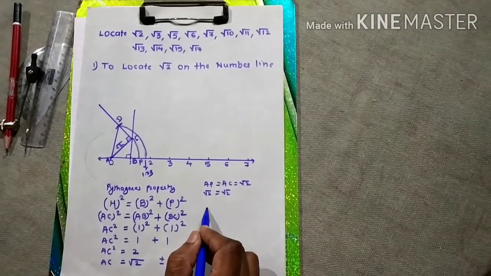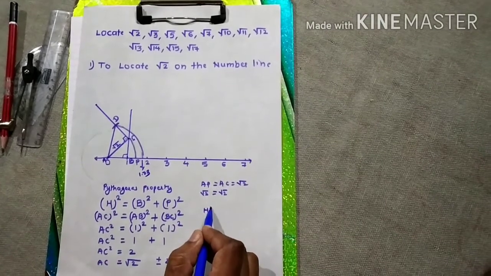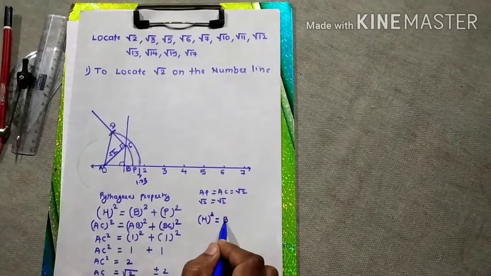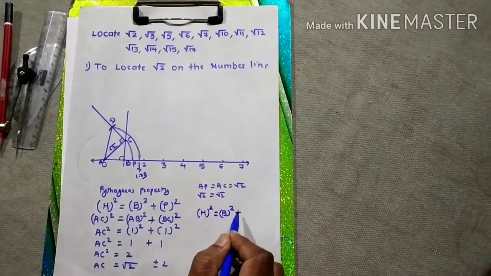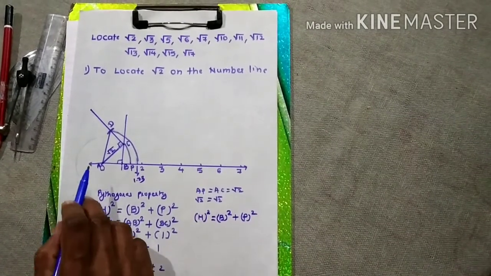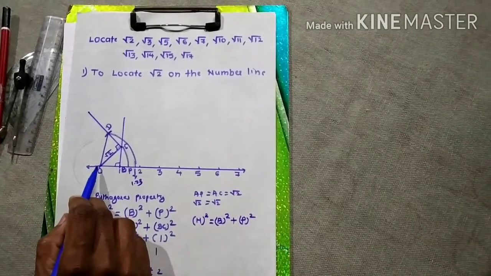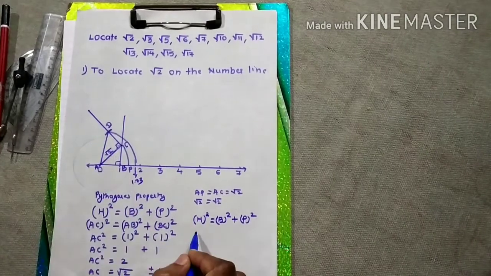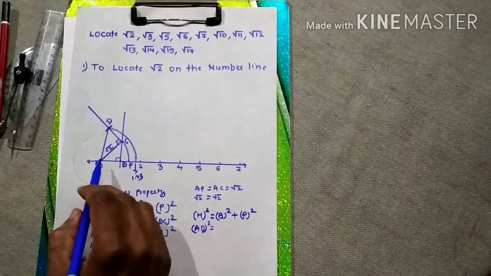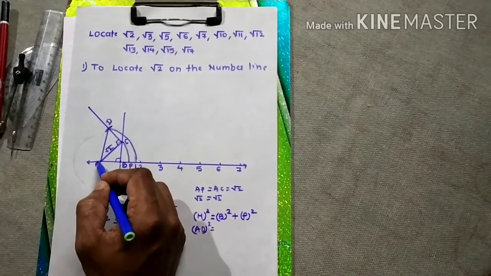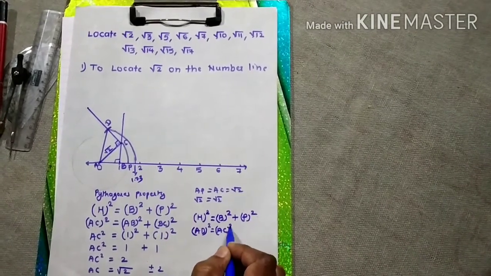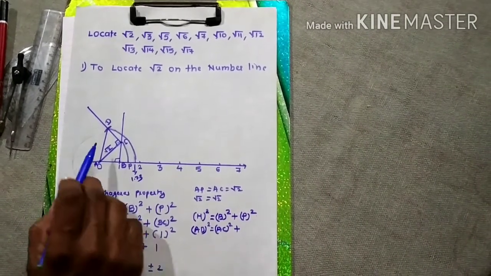By writing the Pythagoras property. So what is the Pythagoras property here? Hypotenuse square is equal to base square plus perpendicular square. So what is the hypotenuse here? This is the hypotenuse, AD square. What is the base here? This is the base, AC square, plus what is the perpendicular here?